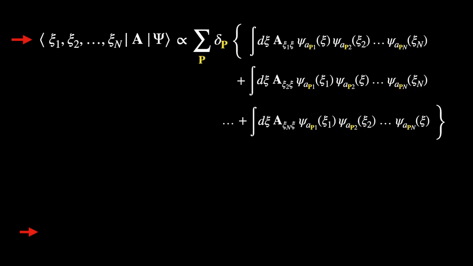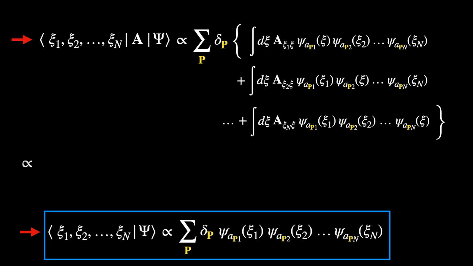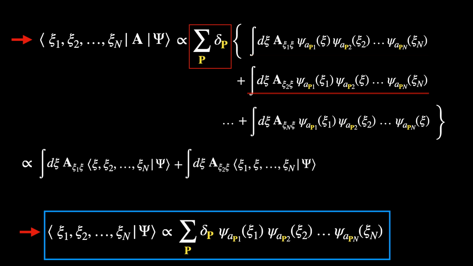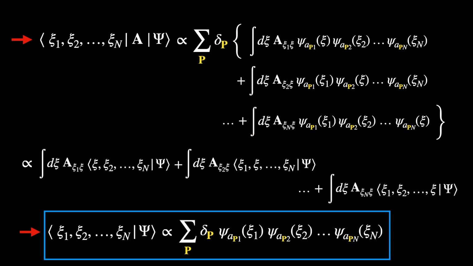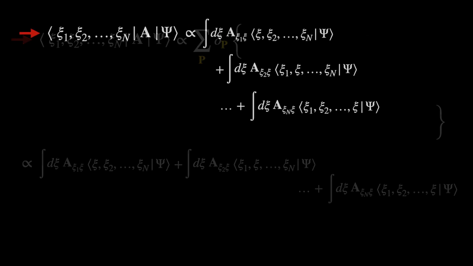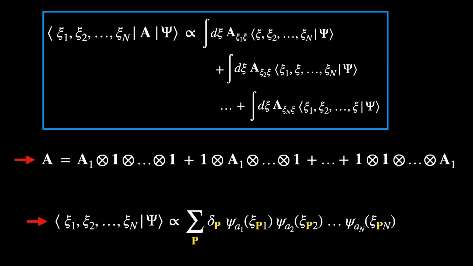We can express this result in terms of the definition of the wave function for n identical particles. This is how an operator of the form like A acts on the wave function of n identical particles.